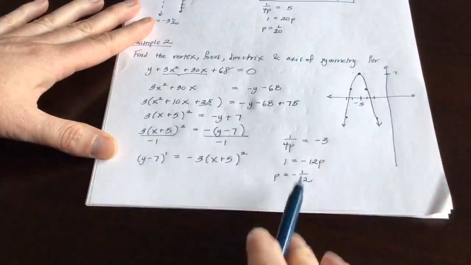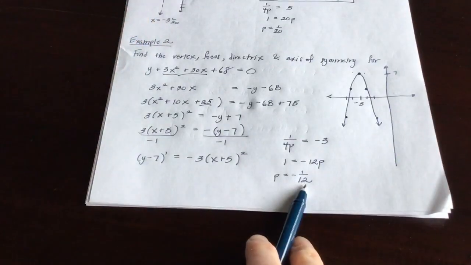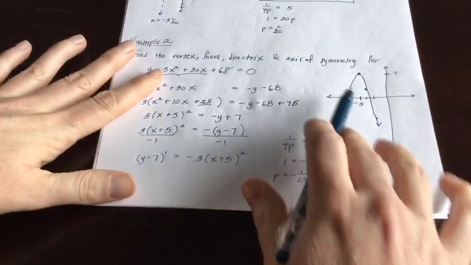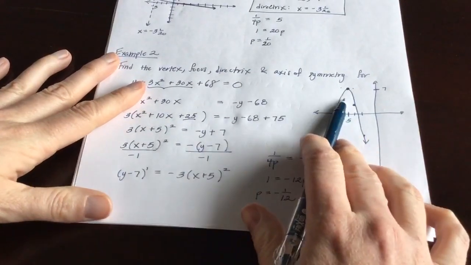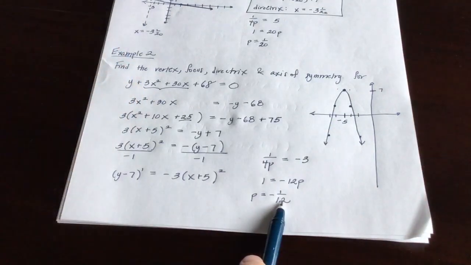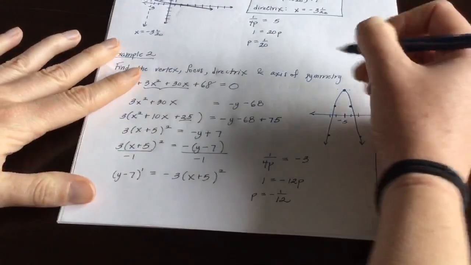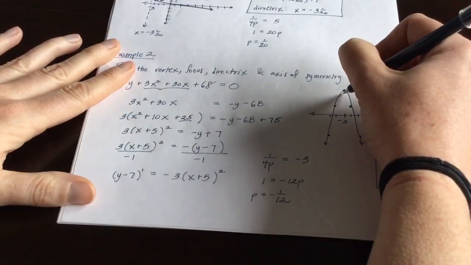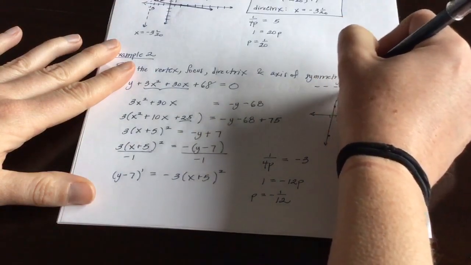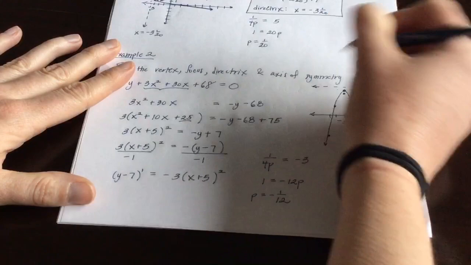Okay, and then remember that if your p-value is negative, that's just an indicator that you had a negative stretch factor, so that just indicates that, yes, indeed, it did go downward. The absolute value of p is that distance between your vertex and your focus. So focus would be always inside your parabola, and I know that that is more than 1/12 of a unit, but it's hard to draw 1/12 of a unit, so this is just a concept picture.